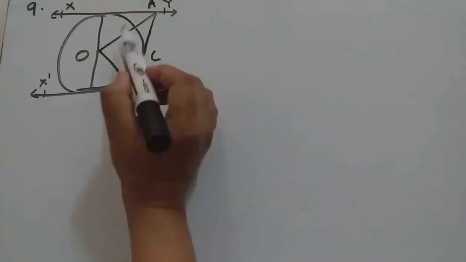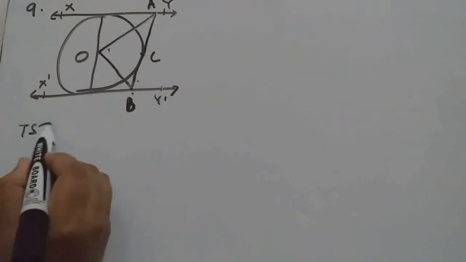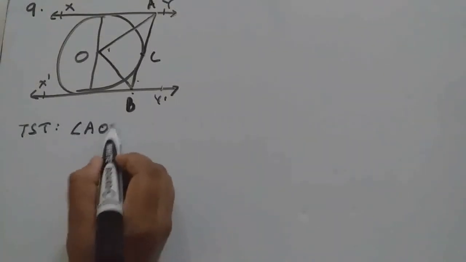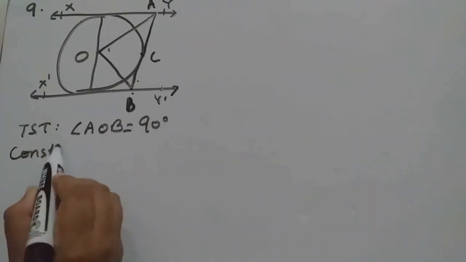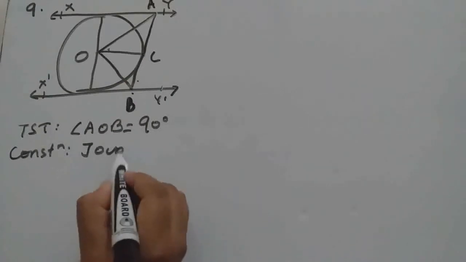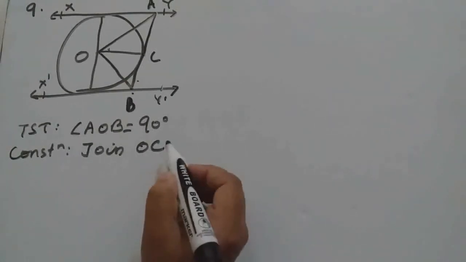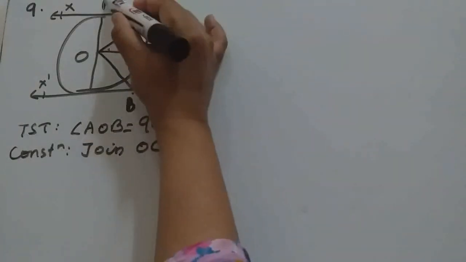We have to prove that angle AOB is 90 degrees. To show that AOB is 90, we will do one construction here. We will join OC. Now these points are P and Q.